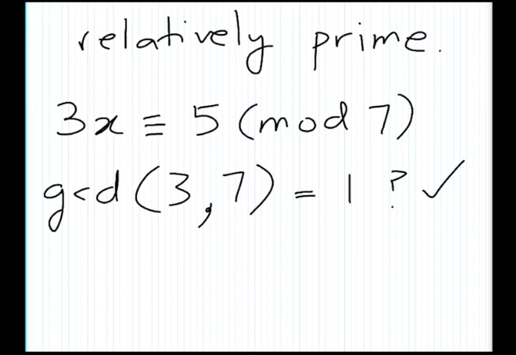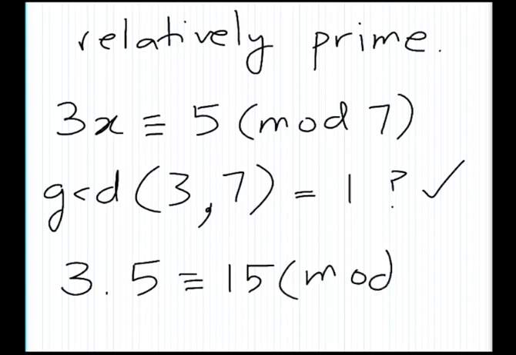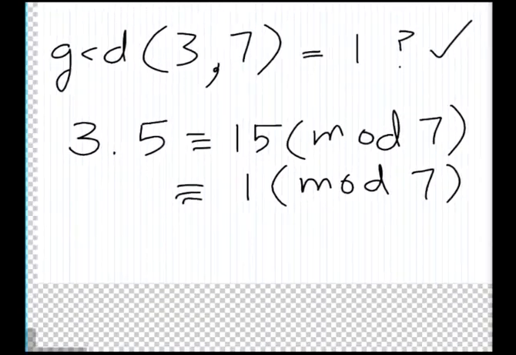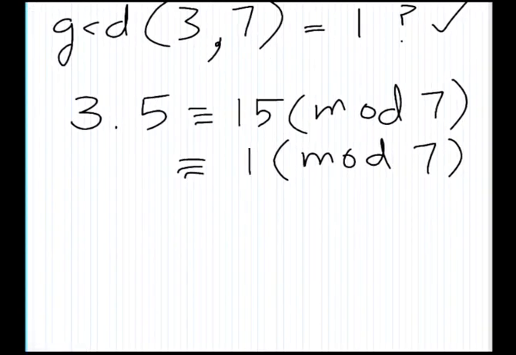For example, 3 times 5 is 15, which is congruent to 1 modulo 7. So 5 is an inverse of 3 modulo 7.